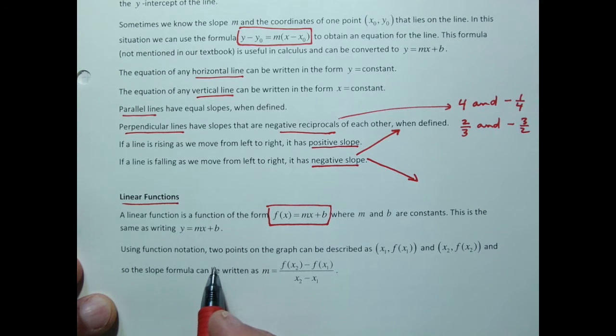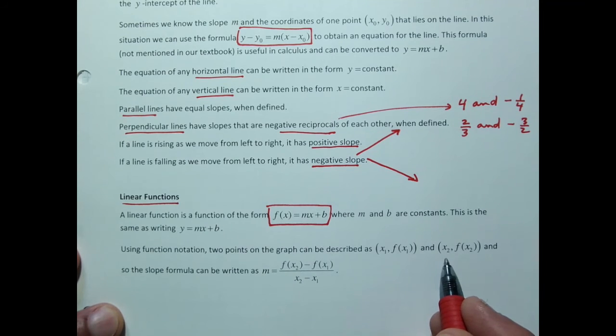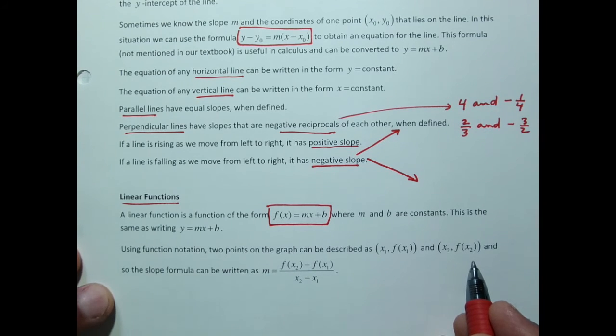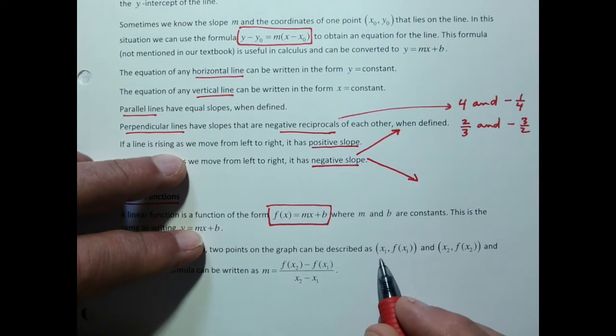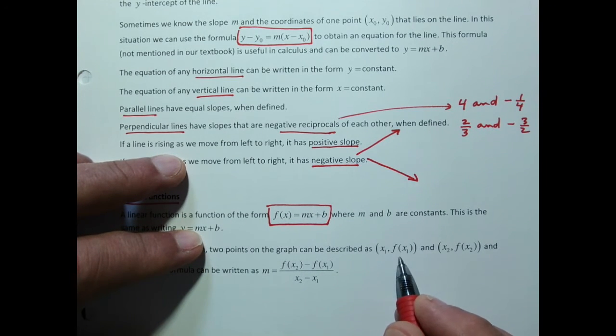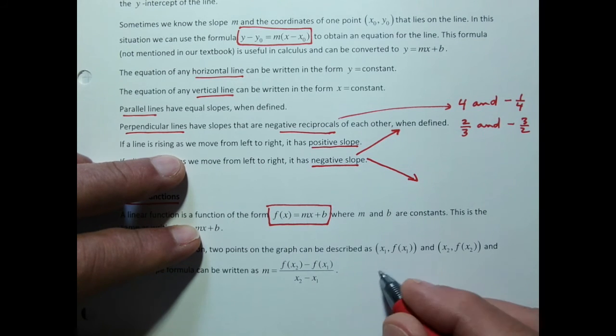Using function notation, 2 points on the graph can be described as x1 comma f of x1 and x2 comma f of x2. So x1 is an x-coordinate, f of x1 is just a y-coordinate.